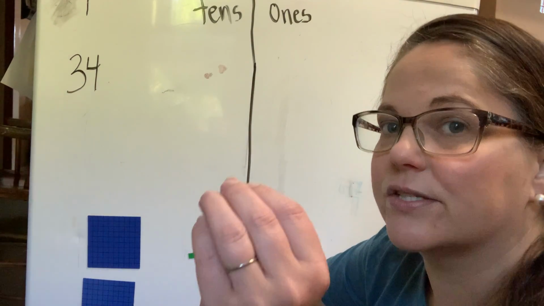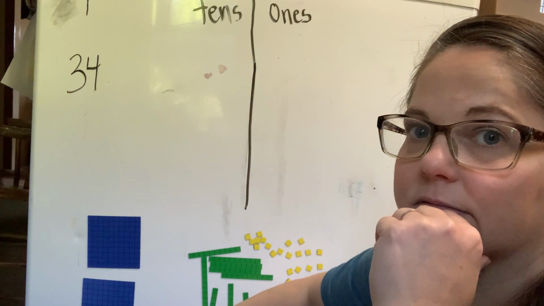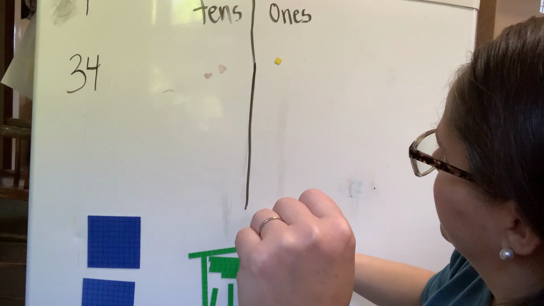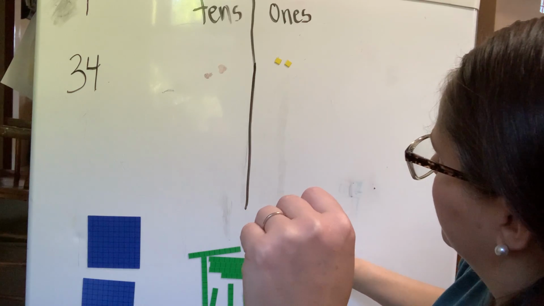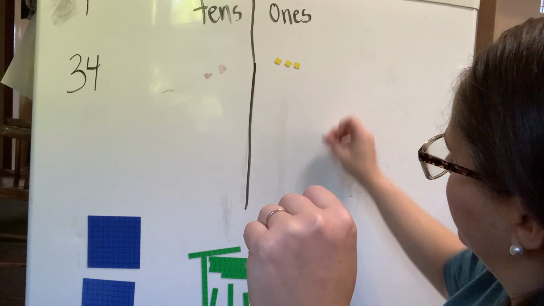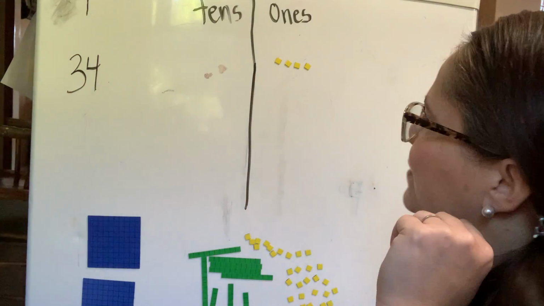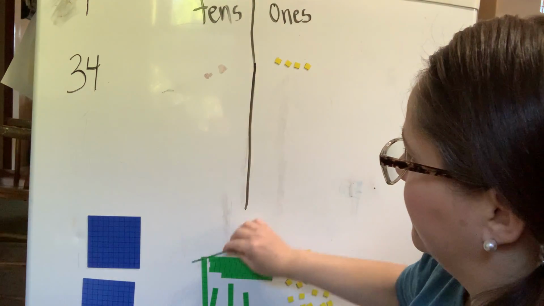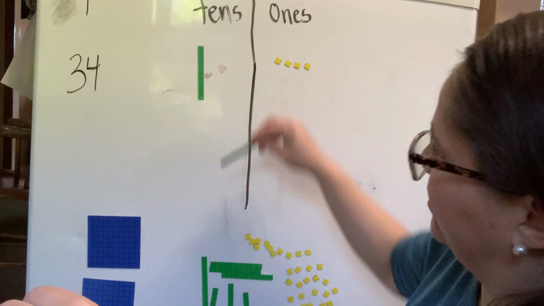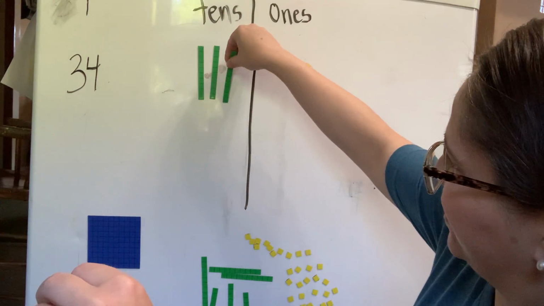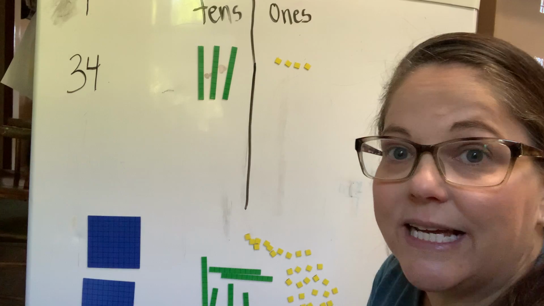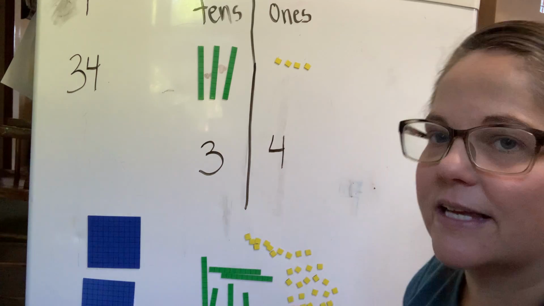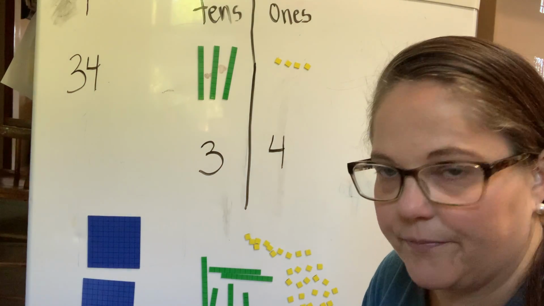First, I'm going to start with my ones. 1, 2, 3, 4. This is only the number 4. I need 34. So I'm going to go to my 10 towers. 10, 20, 30. So I know that 3 tens and 4 ones can give me 34.